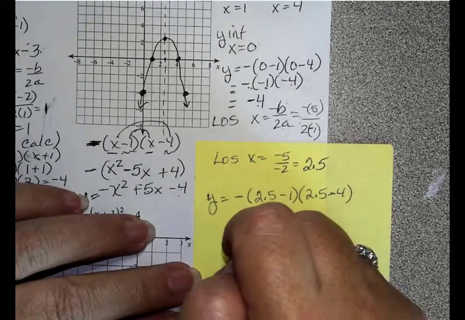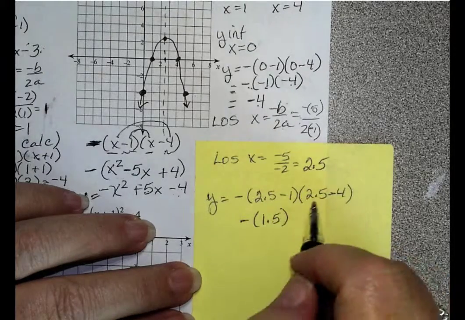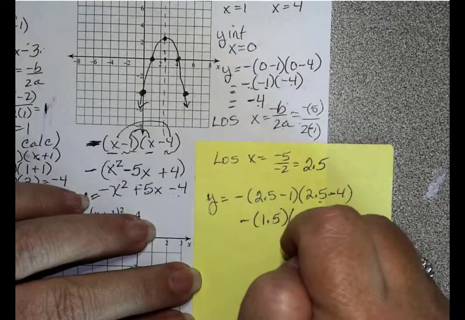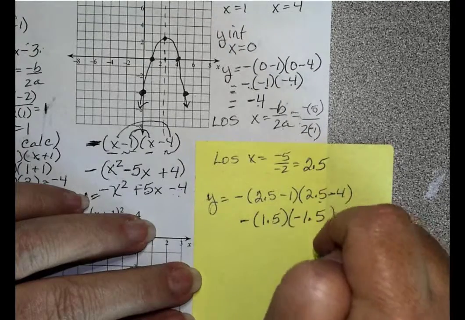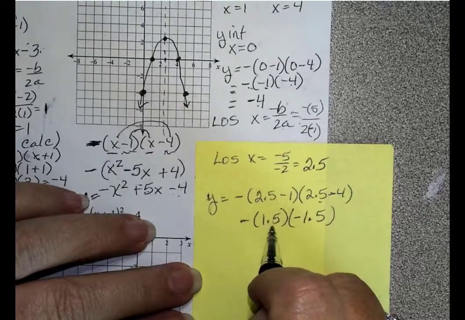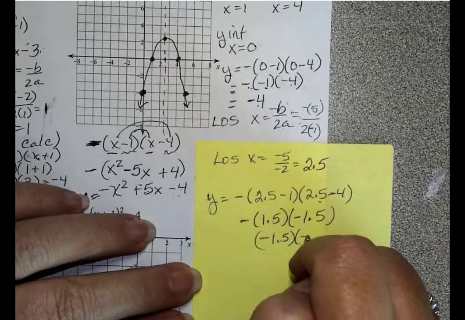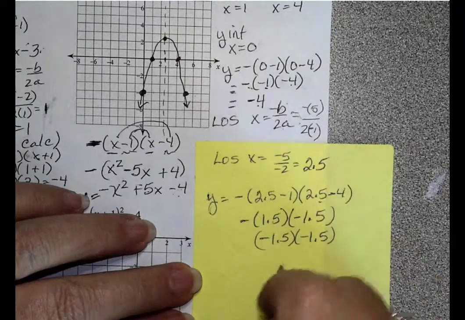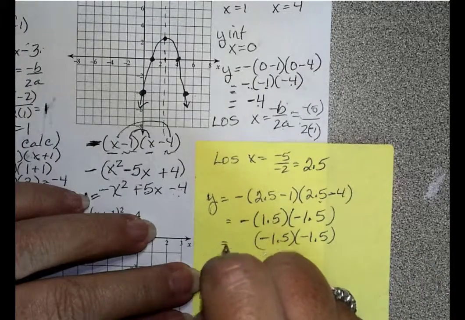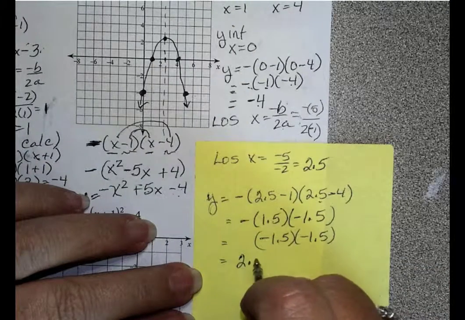And that's going to be the opposite of 1.5 times negative 1.5. So I'm going to have the opposite of 1.5, which is negative 1.5, times negative 1.5. And a negative times a negative is a positive, 1.5 times 1.5 is 2.25.